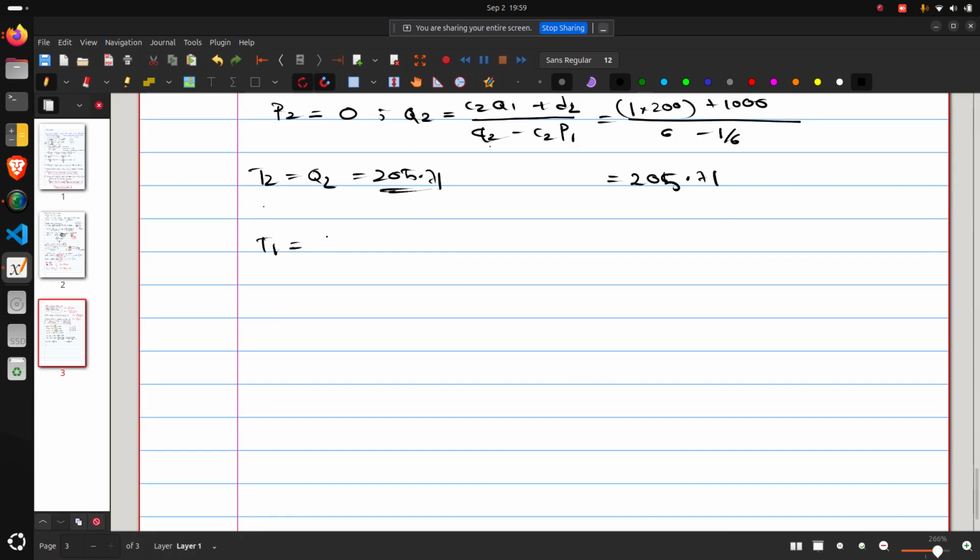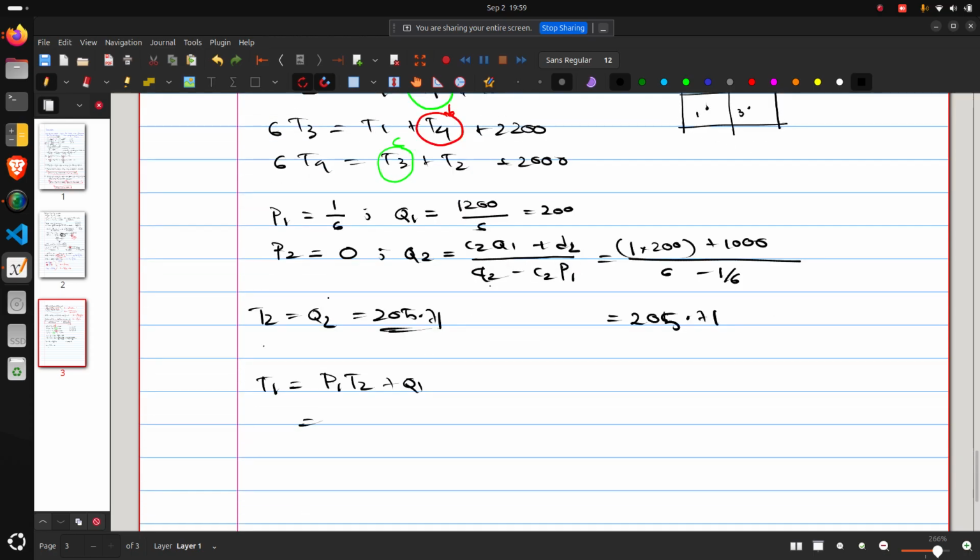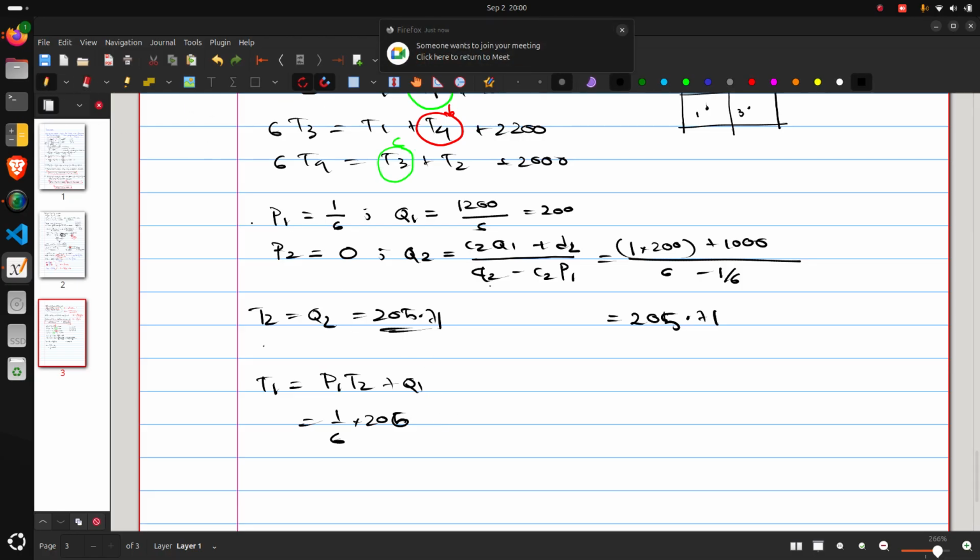So T1 will be nothing but P1 T2 plus Q1, right? So P1 is how much? P1 is 1 by 6 times 205.71, or let's just write 206, plus what is Q1? Q1 is 200, right?